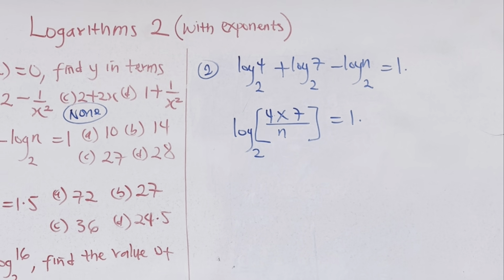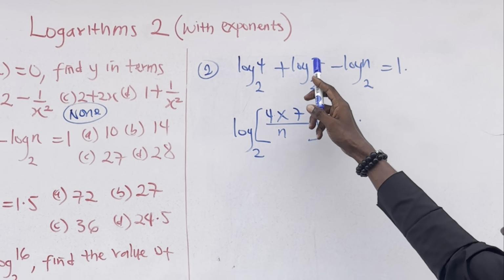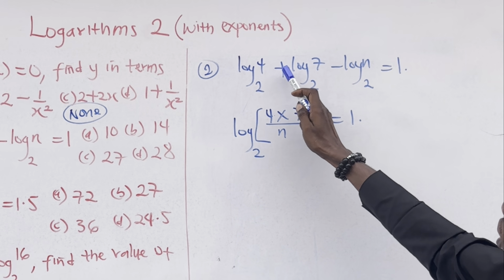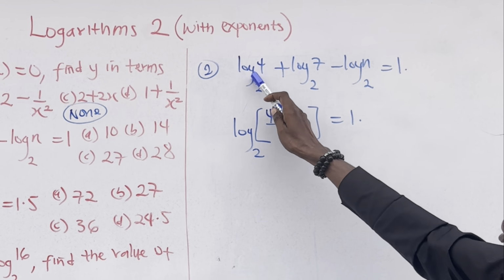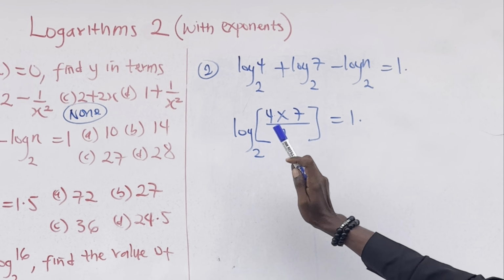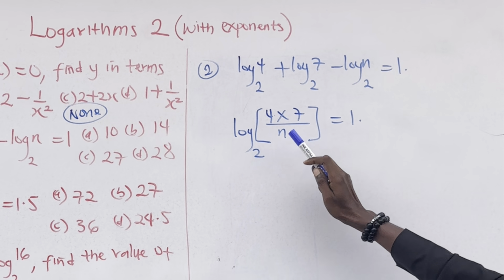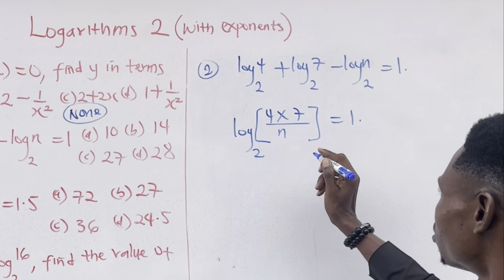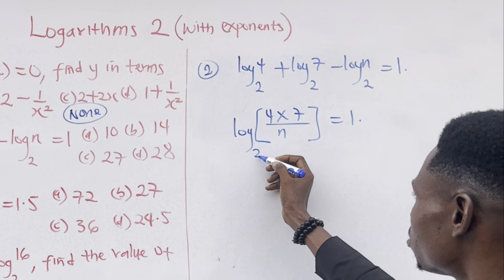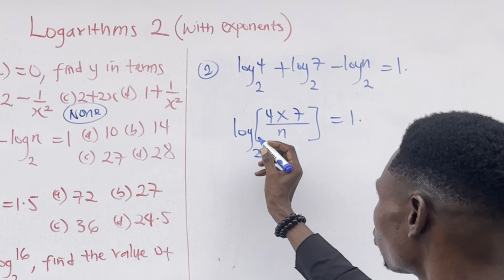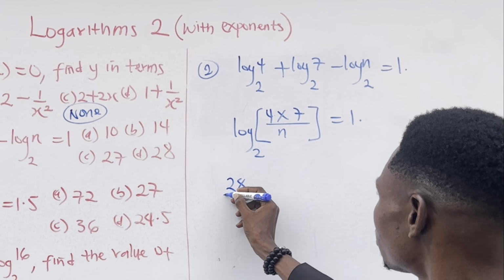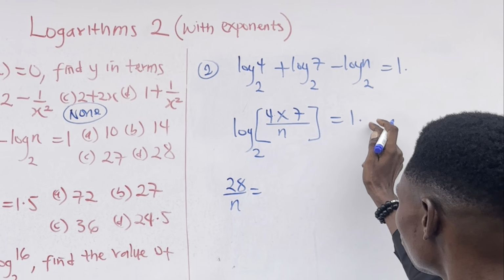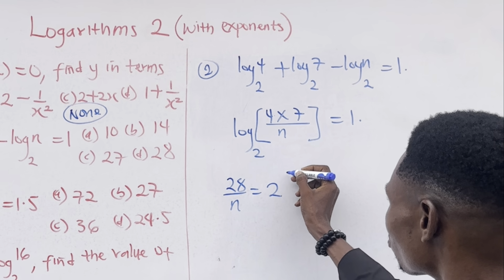Following the last lecture, we already looked at the laws of logarithm. When you are adding 2 logs to the same base, you multiply the argument. When you are subtracting, you divide the argument. So that's how we got to this. From here, remember we can convert to index by moving this base here. So 7 multiplied by 4, 28 over n equal to 2 raised to the power 1.